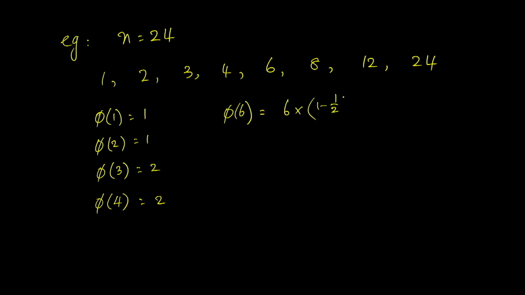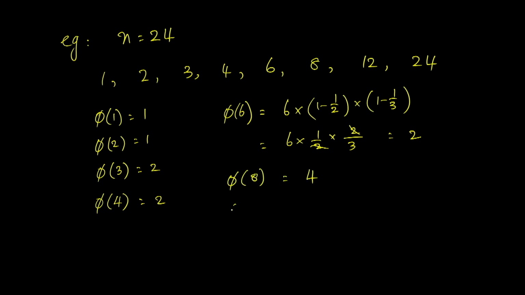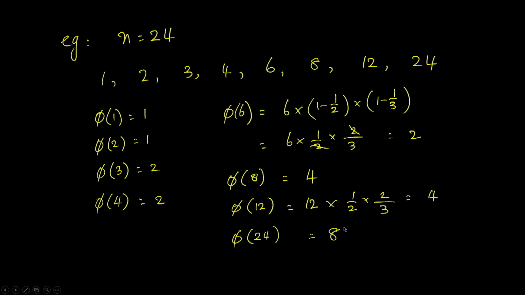So, you have 1 minus 1 by 2 into 1 minus 1 by 3, which is 6 into half into 2 by 3, which is 2. So, phi of 6 is 2. Phi of 8 similarly is 4. Phi of 12 is 12 into half into 2 by 3, which is 4. Phi of 24 is 8. So, summing all these values 1, 1, 2, 2, 2, 4, 4 and 8, you find that the sum comes to 24.